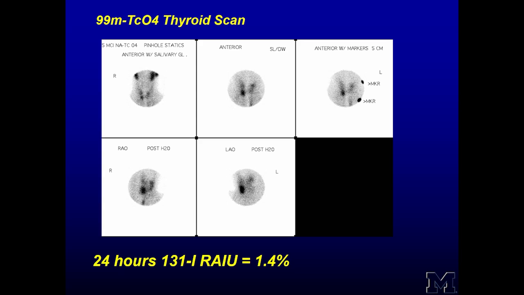And here is the technetium scan. As we see, the technetium pertechnetate scan shows increased radiotracer uptake in the inferior pole of the right thyroid lobe at the site of the nodule that showed suspicious growth on surveillance neck ultrasound.